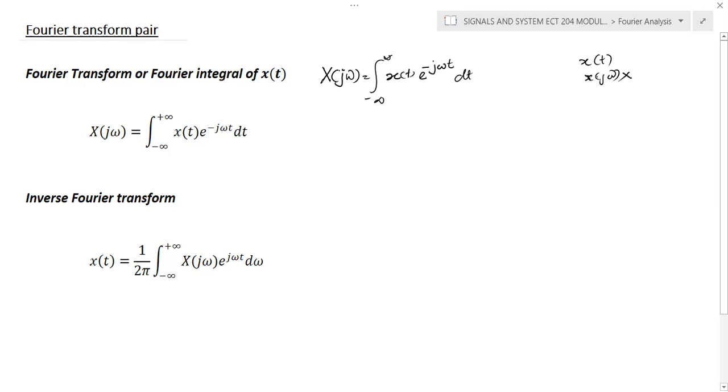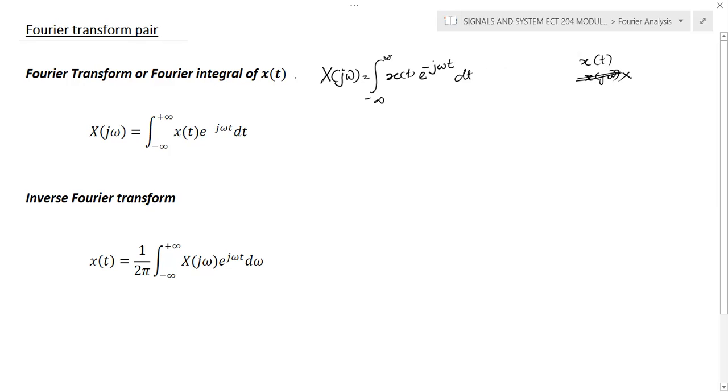This is not true. Always make sure you use these two notations correctly. Normally signals in the time domain are represented by lowercase letters, and uppercase letters are used for representing the frequency domain or Fourier domain signal. So don't write the notations like this. It's not simply replacing t with j omega. It's not like that.